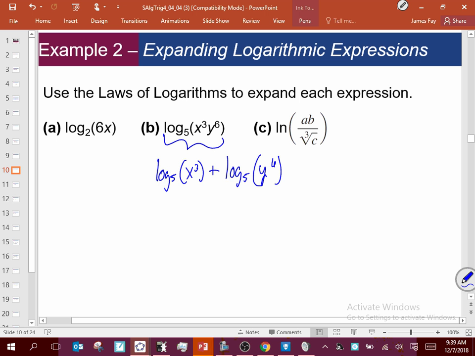Now, do I still have log properties or log laws existing here? Yeah, that 3 can come out as what? Or where do I put it? Yeah, I put it up front, right? So it becomes 3 log base 5 of just x, plus then 6 log base 5 of just y.